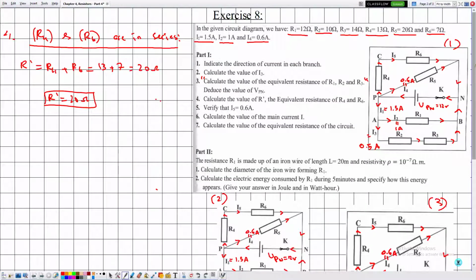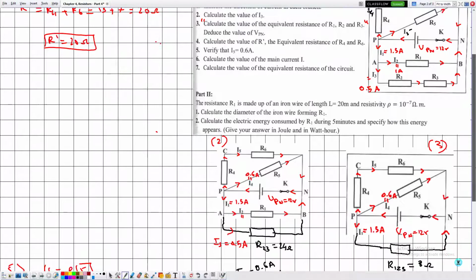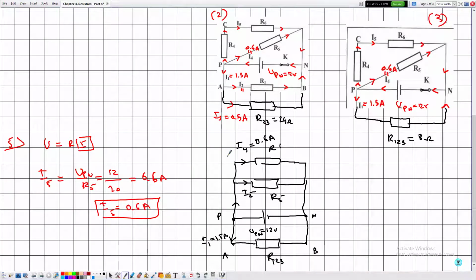So let me correct them, it's okay. This is I6, this is I4, and this is I5 here, okay? So similarly for the other circuits. So here we have I4 and I5.